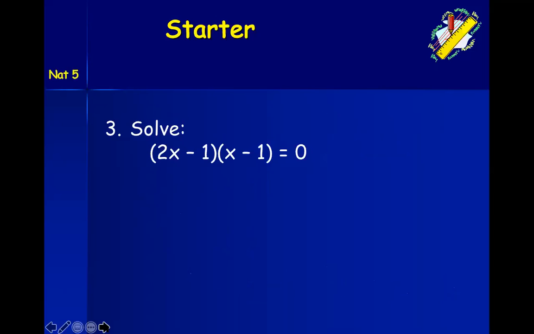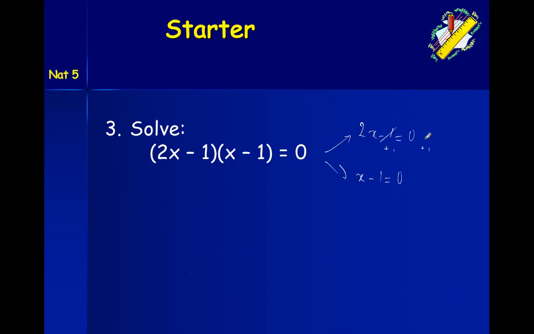Now solving these, I've got two factors, 2x minus 1 times x minus 1 is 0. Either this one or this one would equal 0 to give me the answer. So 2x minus 1 equals 0, or x minus 1 equals 0. So you add 1 on each side to get rid of that 1.